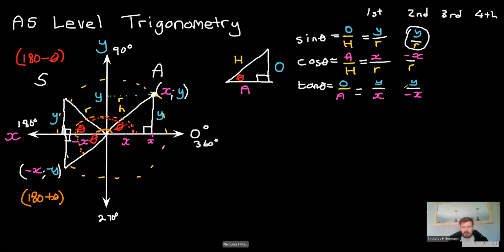In the third quadrant, the y is negative y, and the x is negative x. And the radius there is always positive.